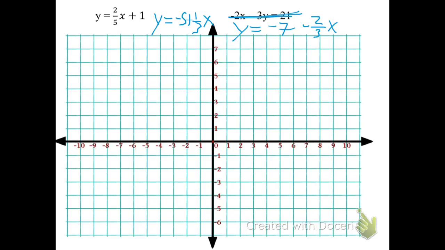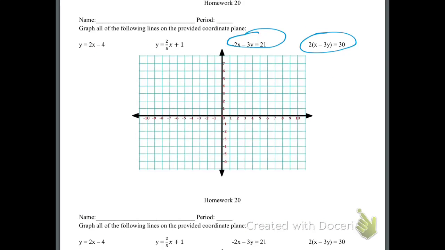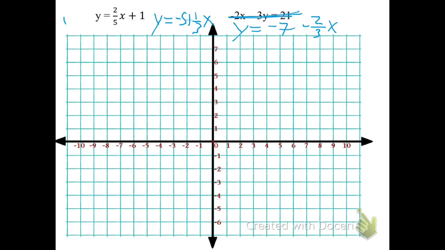Sometimes really hard to write on this. Okay, and we almost have all our equations. We just need to get this first one on there. y equals 2x minus 4. So that's y equals 2x minus 4. Okay, and we have all the equations on here now, I think.